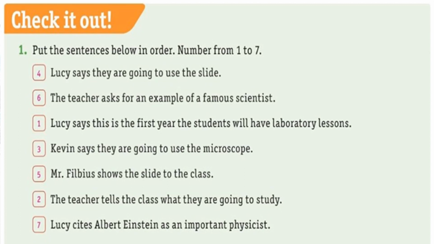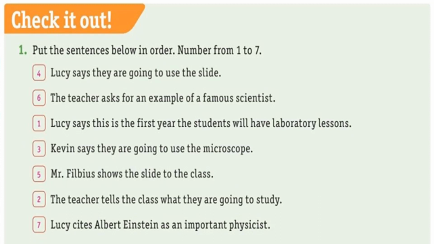Now for our correction of this Check It Out exercise number 1. Sentence number 1 according to the order: Lucy says this is the first year the students will have laboratory lessons. Number 2, the teacher tells the class what they are going to study. Number 3, Kevin says they are going to use the microscope.